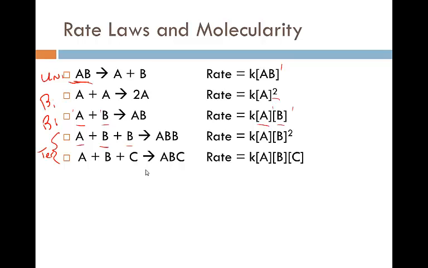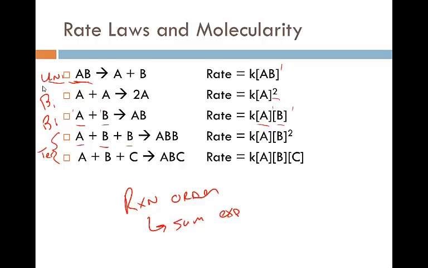Now, the main idea that I want you to take away from this is it tells you the reaction order for the elementary step. Notice unimolecular corresponds with a reaction order of 1. Remember, this is where we sum the exponents in the rate law. That's what I mean by reaction order.